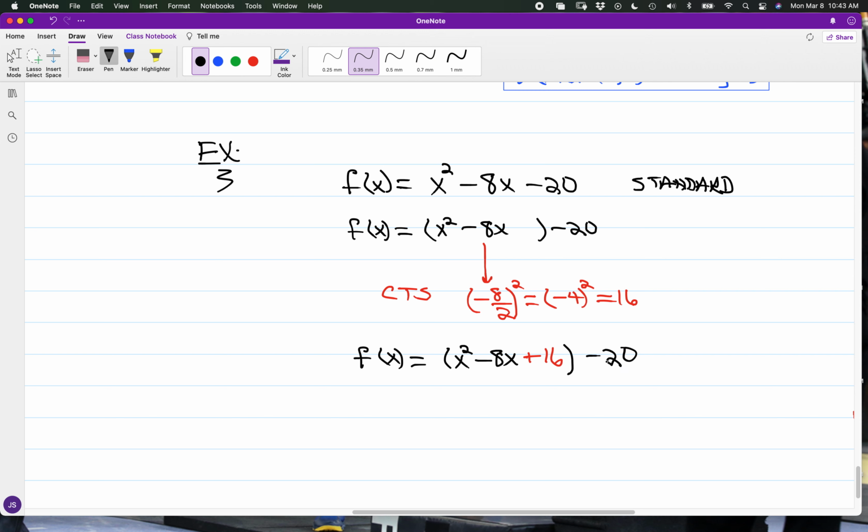And to keep everything in balance with x squared minus 8x minus 20, 16 minus 20 is negative 4, but to descend back to negative 20, I'm going to take the subtraction of 16 on the back side here. And so we have f of x is equal to x squared minus 8x plus 16, and negative 20 minus 16. Negative 20 and negative 16 amount to negative 36.